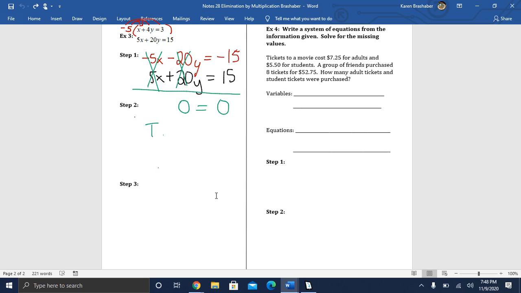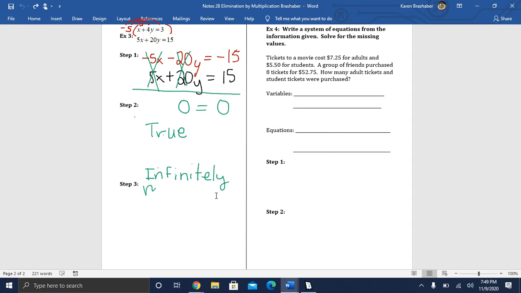Now, this is a true statement, and as we have seen before, when you have all of your variables canceling out, and you have a true statement, your solution would be infinitely many solutions.